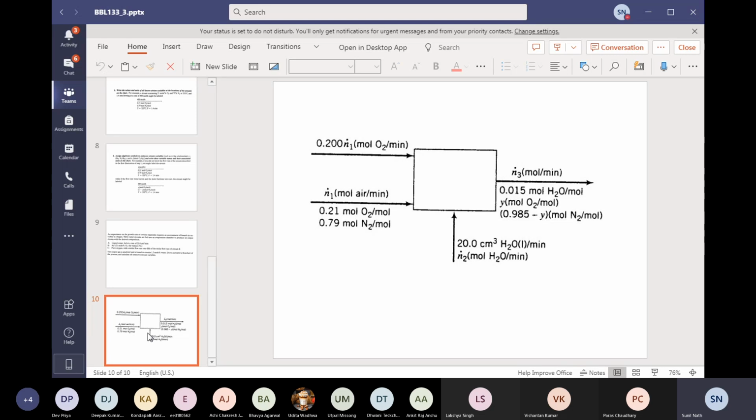And you found a nice way to draw the diagram, write the arrows, identify the input streams, write the information of the total volumetric or molar flow rates as well as the composition of those streams on the diagram itself. Then identified what the unknowns were, saw how many there were, how you are going to get those equations, and what is the best way and in what order to solve those algebraic equations. So this is the principle that we use repeatedly. We will go to some more realistic problems next class.